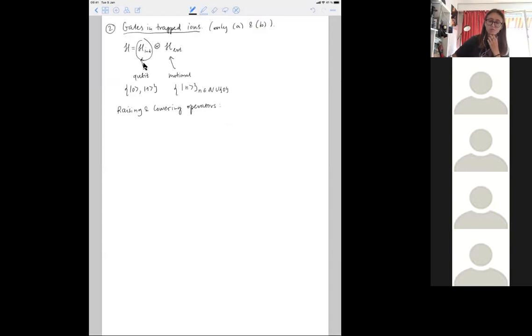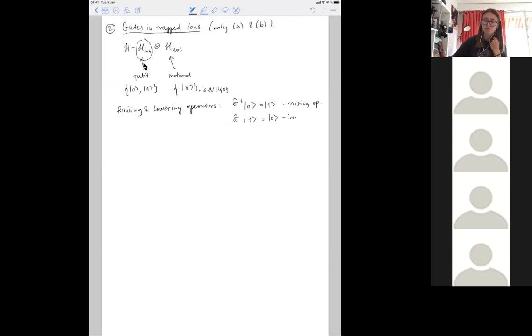For example, for the qubit, the internal degrees of freedom, we label them as sigma dagger, and sigma dagger acts on 0 and yields state 1. So this is a raising operator. And just sigma acts on 1 and yields 0.